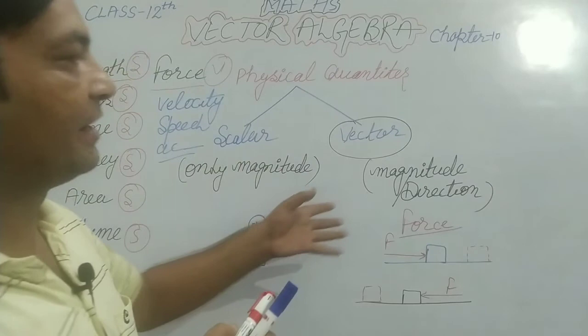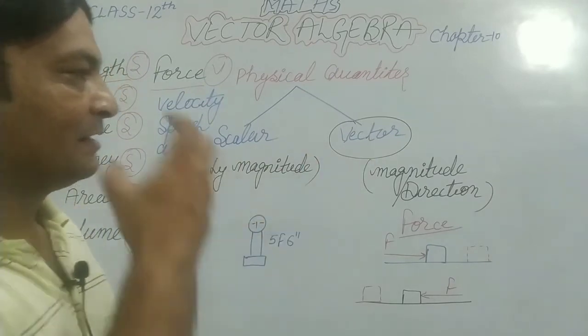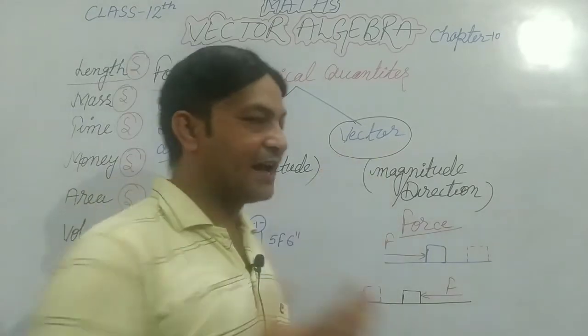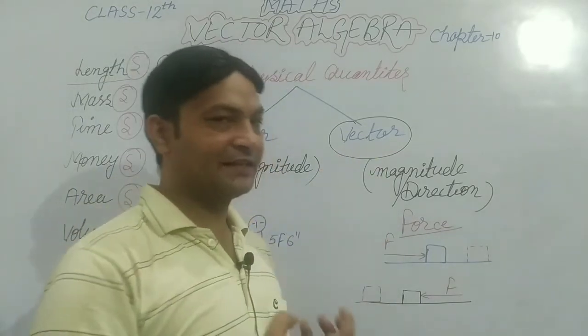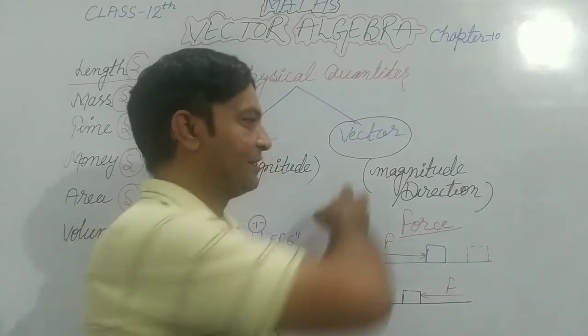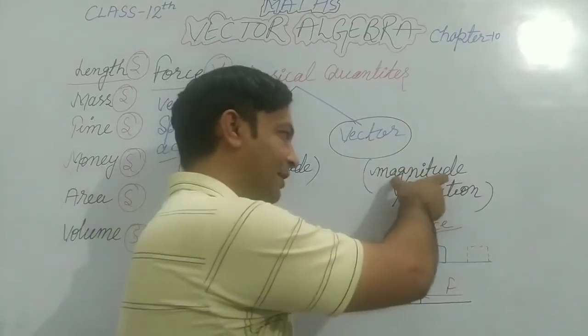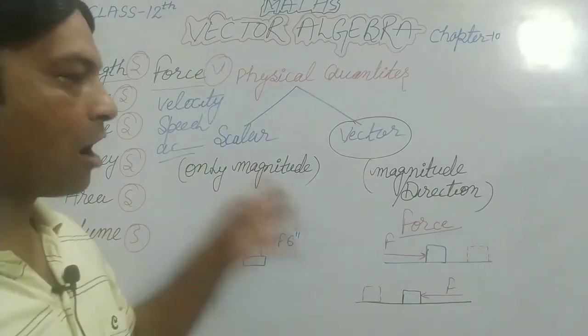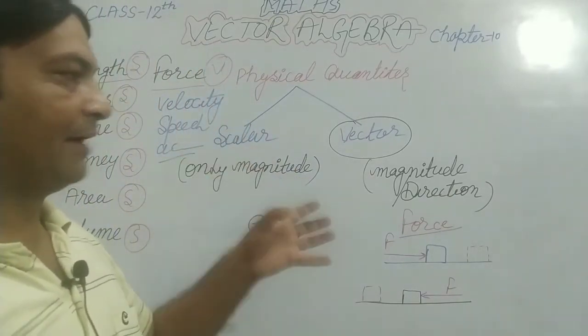So a vector has magnitude and direction as well. And now we will discuss how to represent a vector. Let's see.